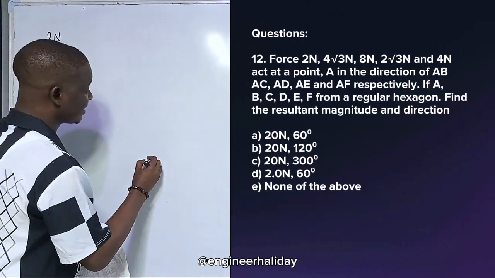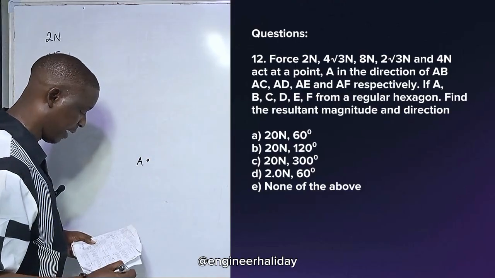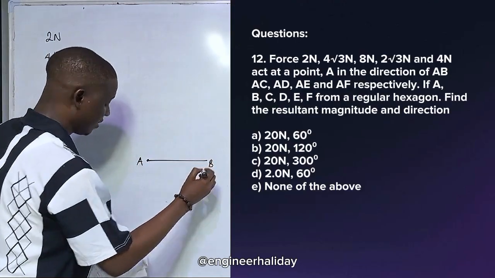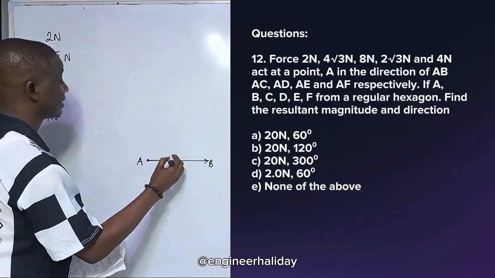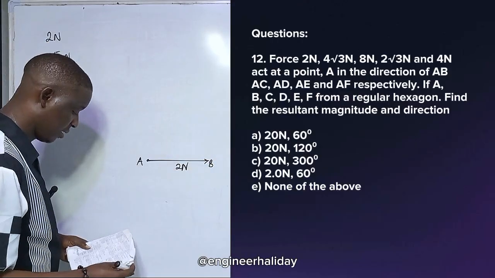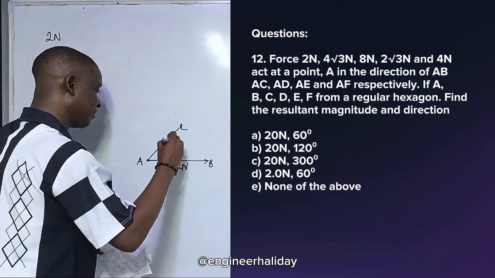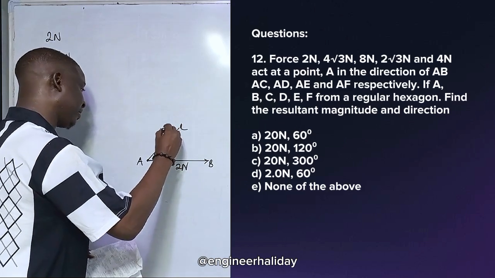Now, let's say this is the point A. In the direction of AB, 2 Newton is acting here. Then AC is acting here, that is 4 root 3.